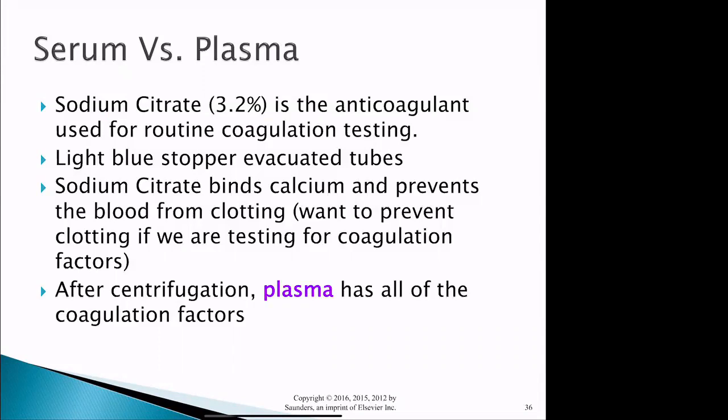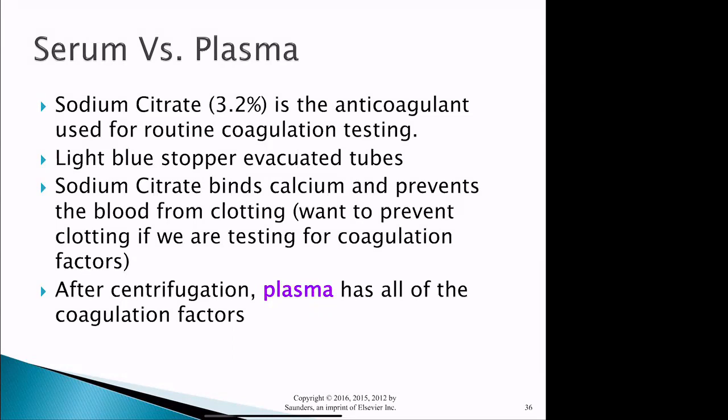Okay. Right here, this should have been the slide that we were talking about before, the difference between serum and plasma. Okay, so sodium citrate 3.2 is the anticoagulant that we use for routine coagulation testing. The sodium citrate is the additive that is actually in the tube of the light blue stopper.